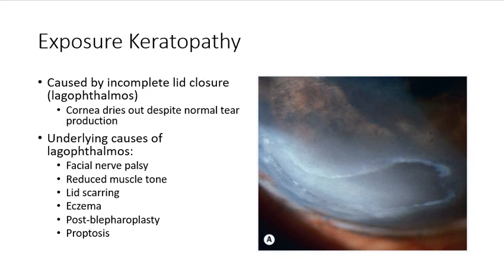And the image that you see here on the right is an inferior corneal defect, which is as a result of exposure keratopathy. It's almost like the epithelium has torn away in that U-shaped section. Just above that, you'll see the dark area is the round pupil, in case you're lost in terms of where you are in the eye.